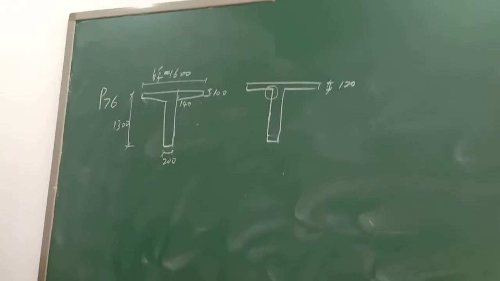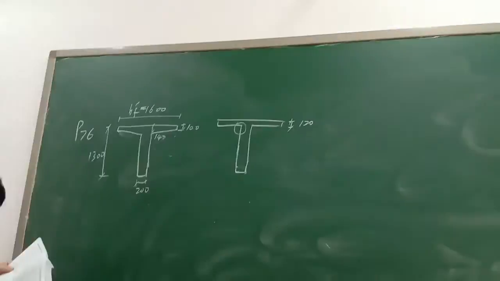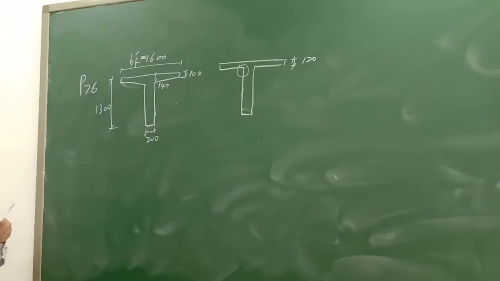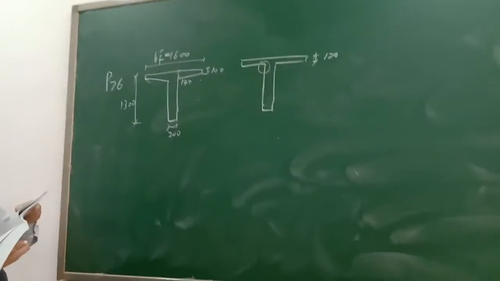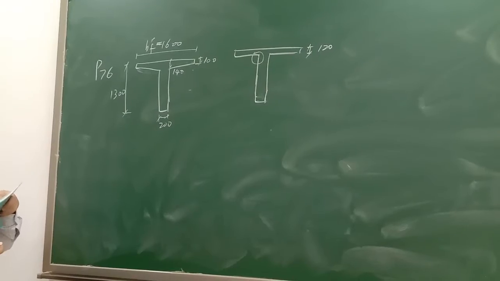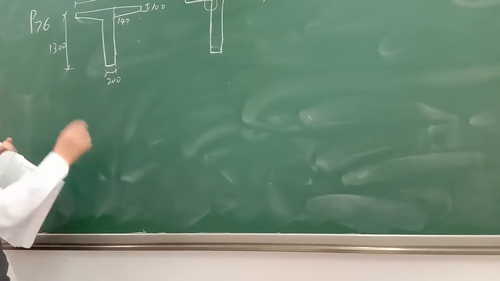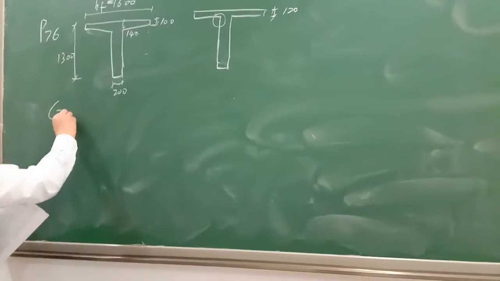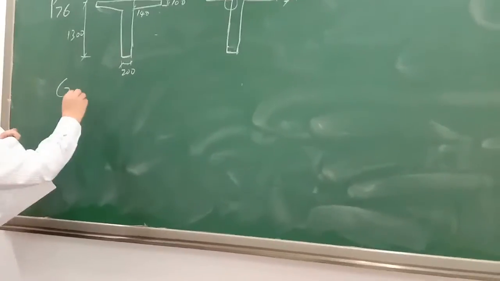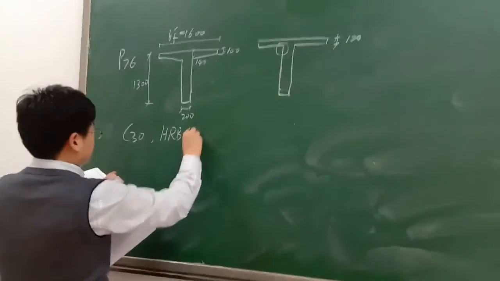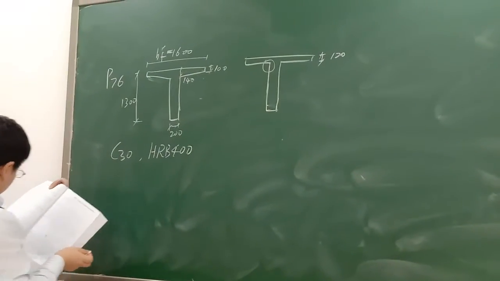So this is the given condition. The height is 1.3 meters, the effective width is 1.6 meters, or 1.58. The material is C30 and HRB400.